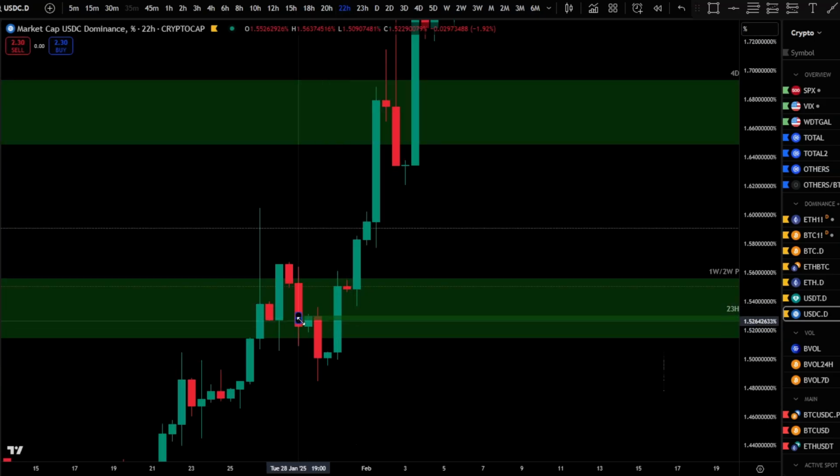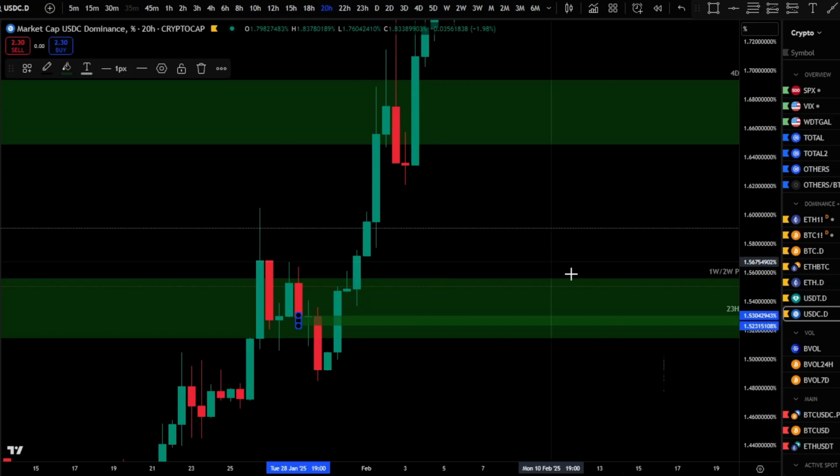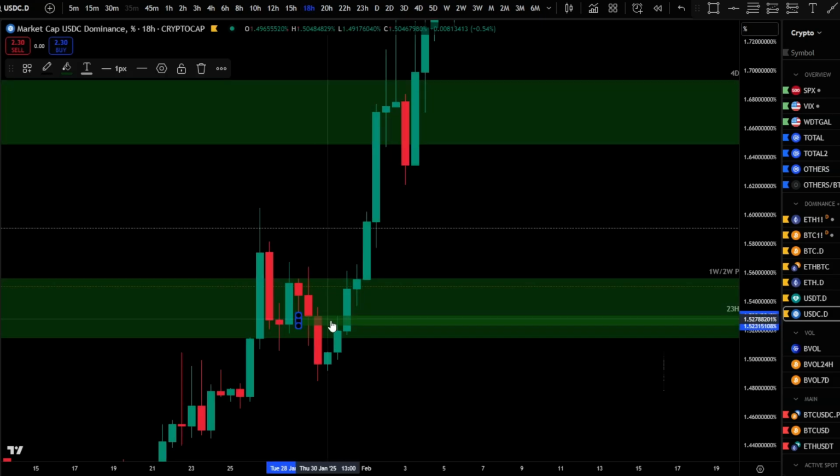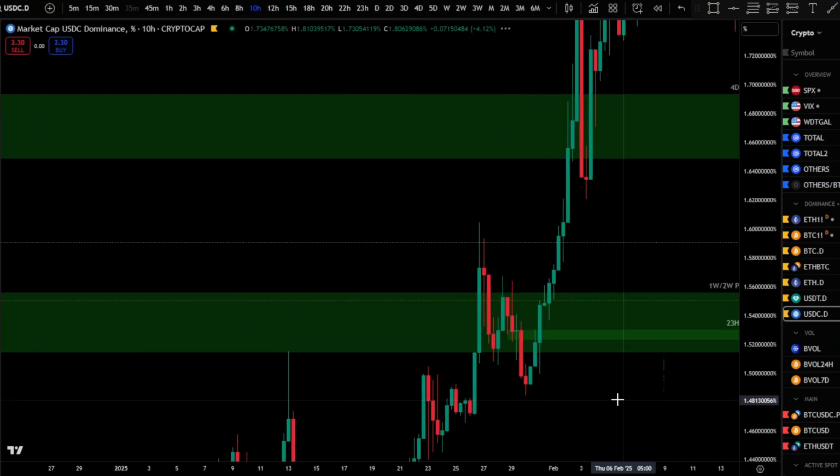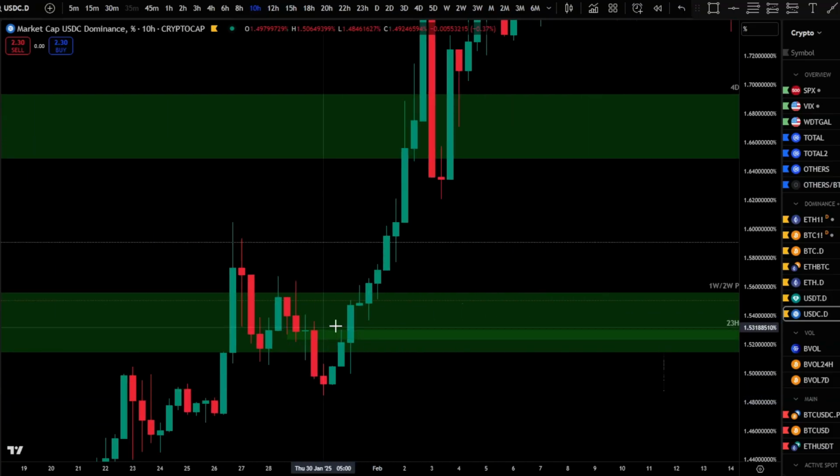Yeah, generally there's quite a nice level here. A lot of ones, yeah. Makes more sense if it's around here then, where it bounces off. Yeah, looks the best on lower time frame. Basically would hit the top here.